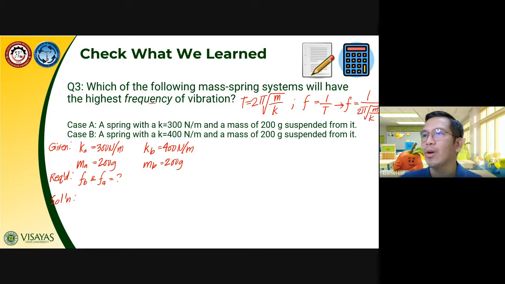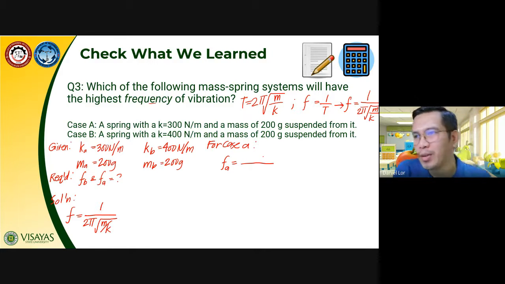Okay, sa atong formula nga na-come up, we have here the frequency is equal to 1 divided by 2 pi times square root of m over k, for case A, that is frequency sub A is equal to, okay, sige, we'll stop at this point.